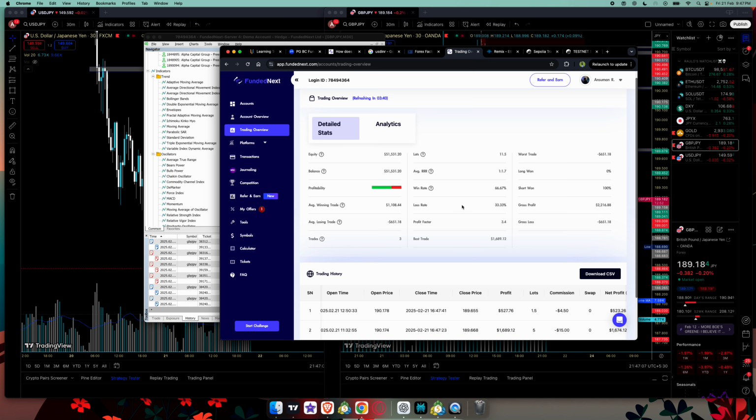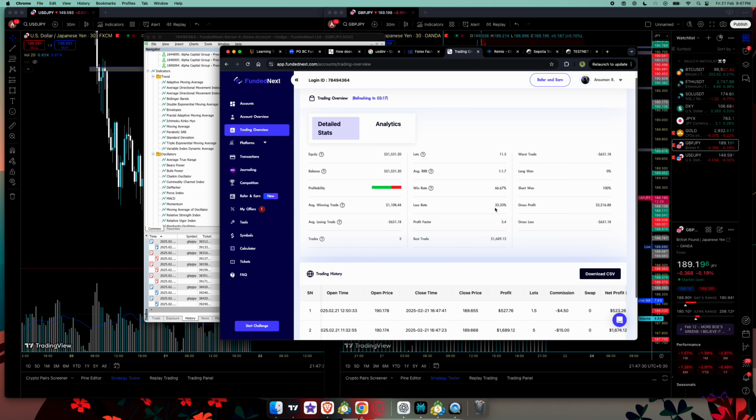And as you can see, this is the whole breakdown of today. Profitability, average winning trade, average losing trade, total number of trades is 3. Basically there are 2, but the first and second trade as a whole is 1. Average risk to reward ratio is 1.7, and win rate is 66.6.